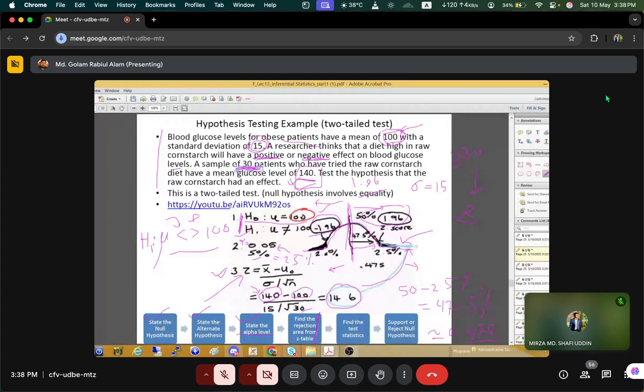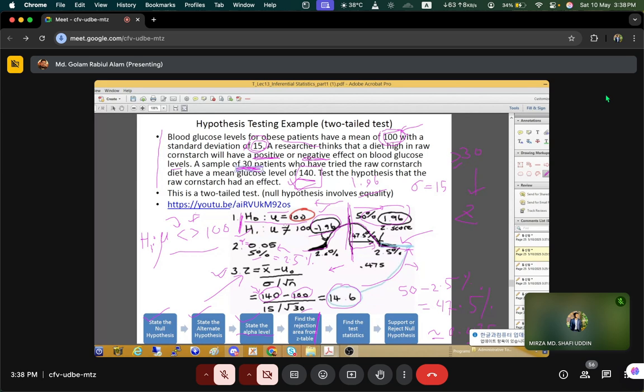So that is in the rejection zone. What does it mean? It means we can reject our null hypothesis. Rejecting the null hypothesis means we have to accept the alternate hypothesis.